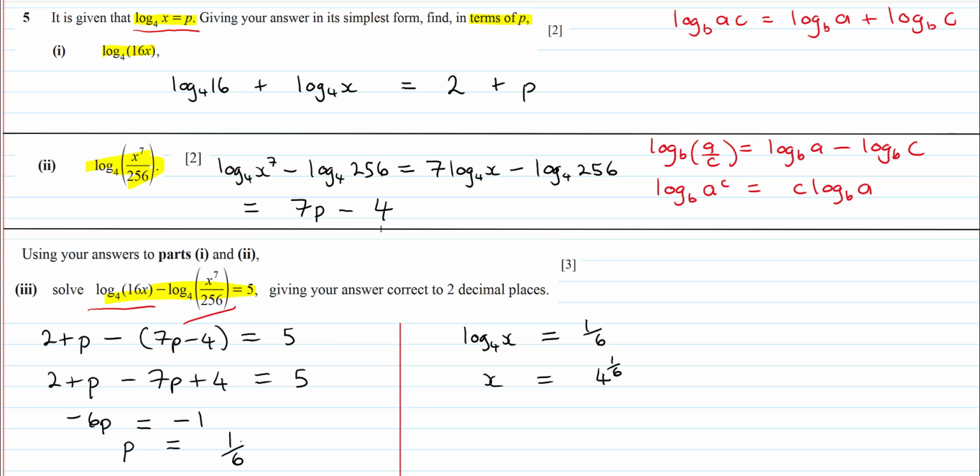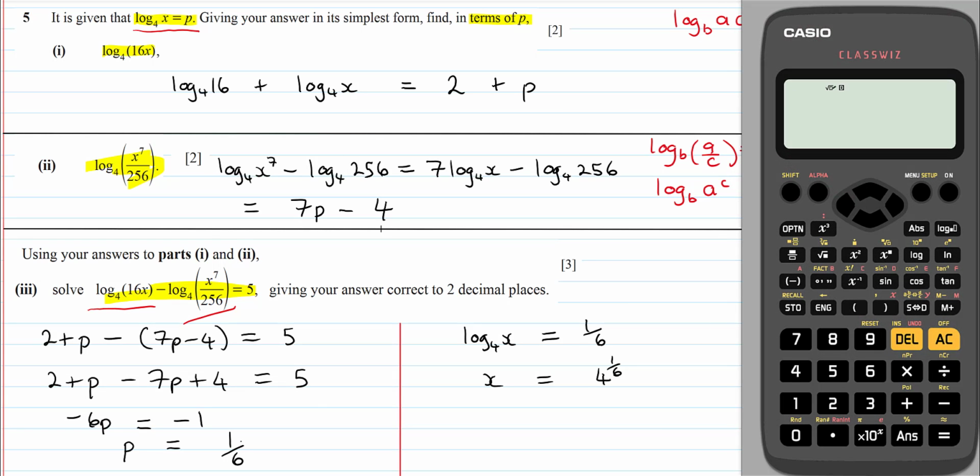We'll just use our calculator to work that out. 4 to the power of 1 over 6 equals 1.2599, etc. We want x to 2 decimal places, so therefore x is equal to 1.26. And that is question 5.